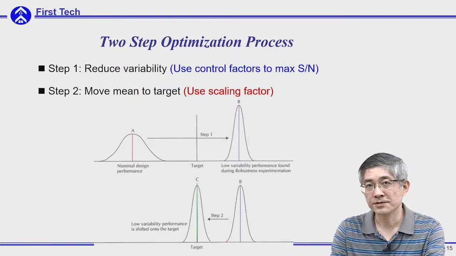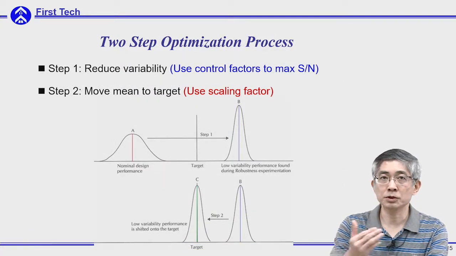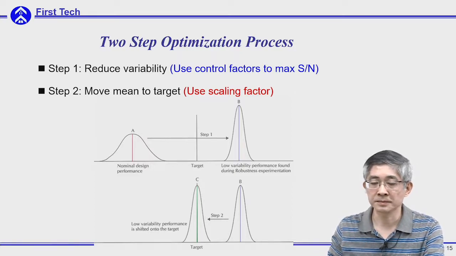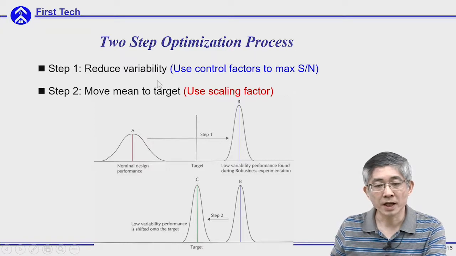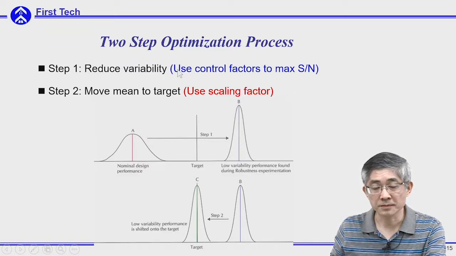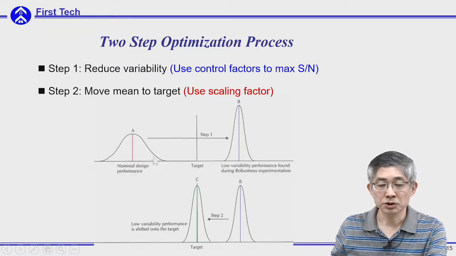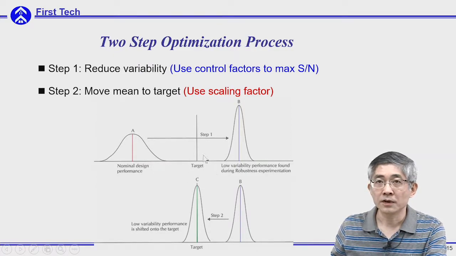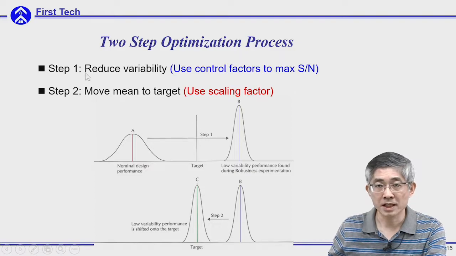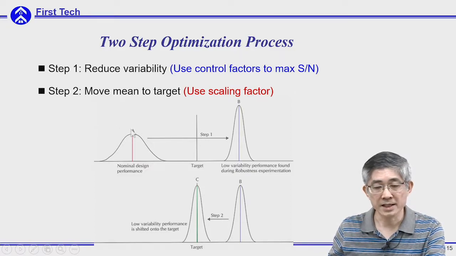I'm using this figure to represent the two-stage optimization process. At the first step, we maximize SN so we can reduce variability. Like the initial design over here, and this is our design target. From our first step, optimization, we maximize SN.